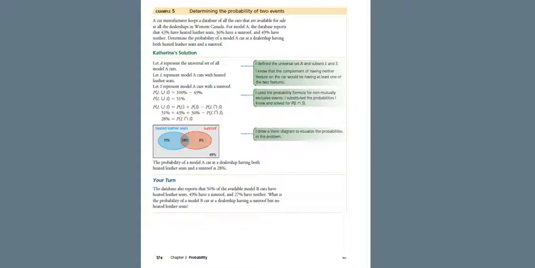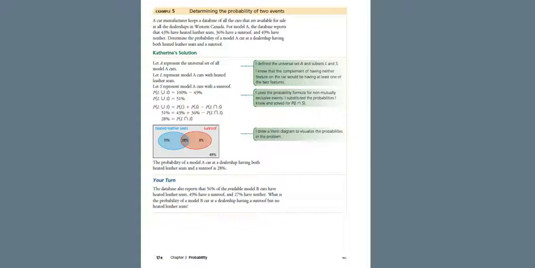Here we go. So 49% have neither, then 51% have leather or sunroof. The probability of leather and sunroof is the probability of leather plus the probability of sunroof minus the probability of or. Now, what do we know?